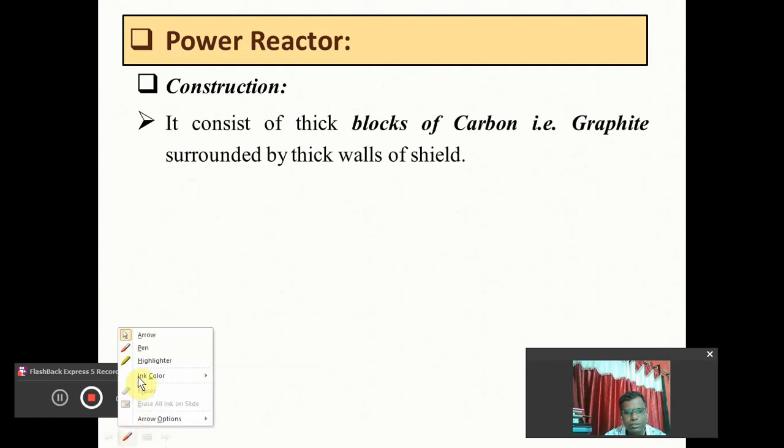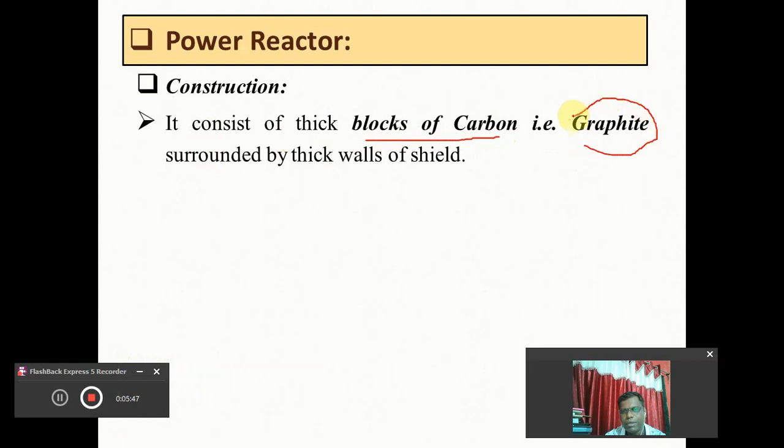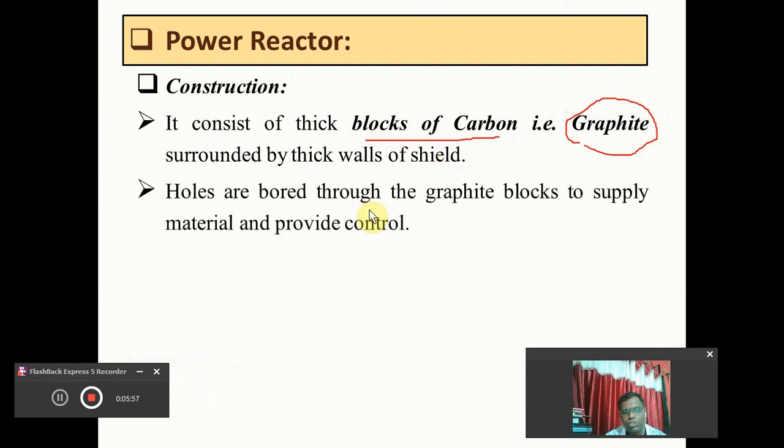This power reactor consists of blocks of carbon in the form of graphite, one of the allotropes of carbon, surrounded by thick walls of shield, and some holes are bored through these graphite blocks to supply material.